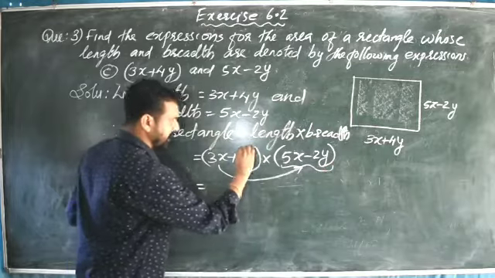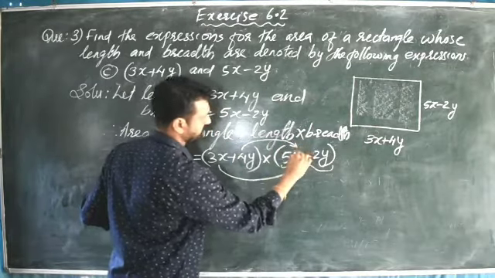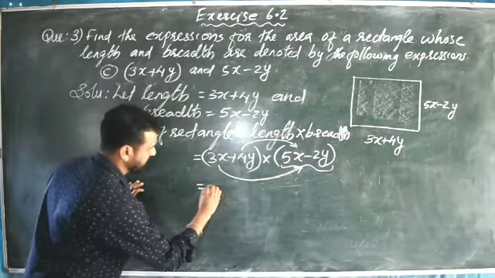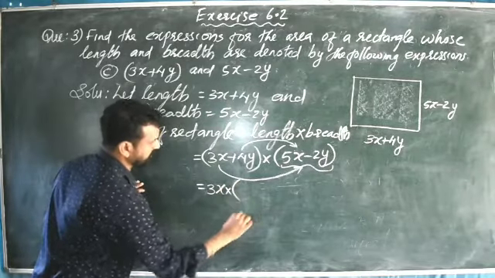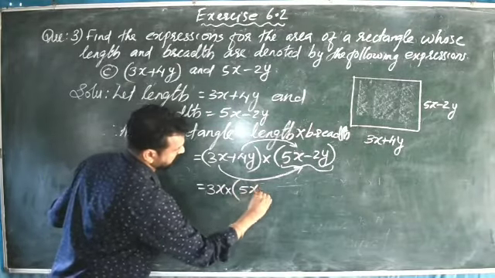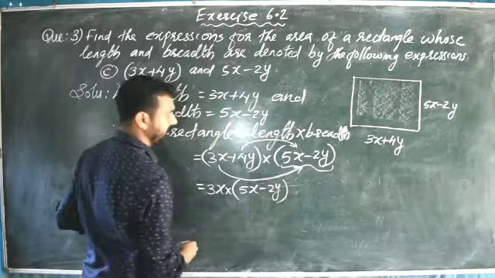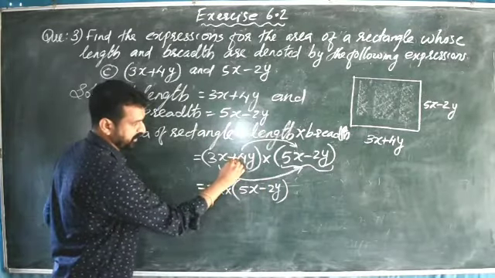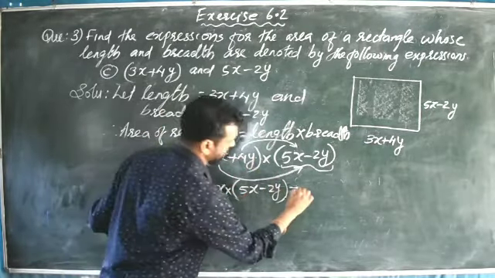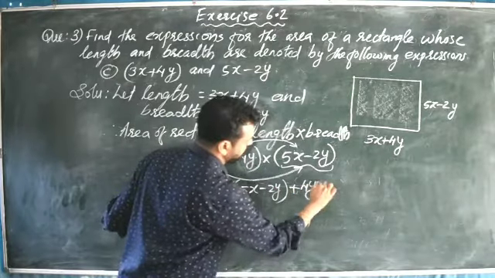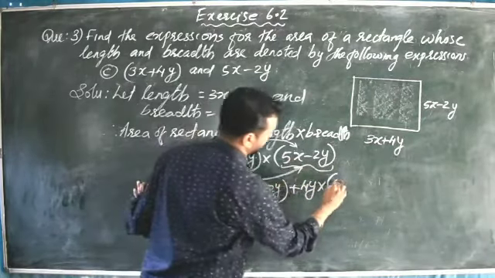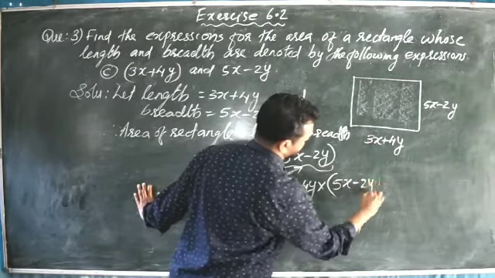Then second term of the first binomial into second binomial. That means it will come like this. 3x into second binomial, 5x minus 2y. After that, second term of the first binomial. It is plus 4y. So here we will write plus 4y into a second binomial, that is 5x minus 2y.